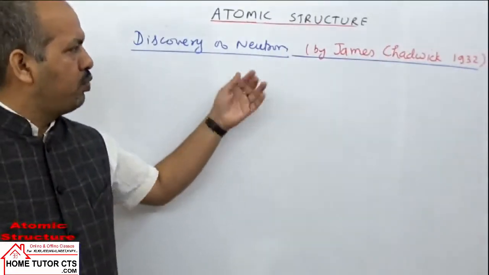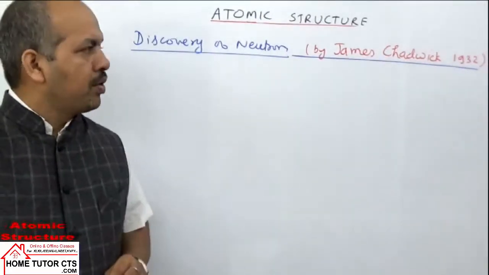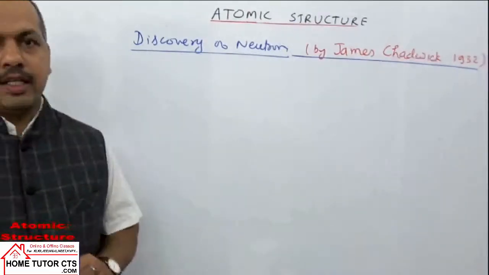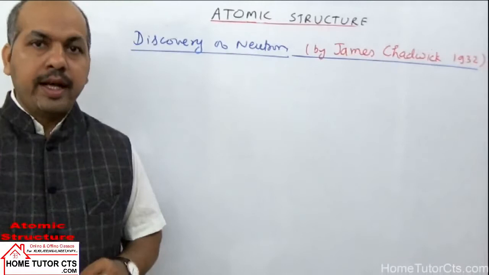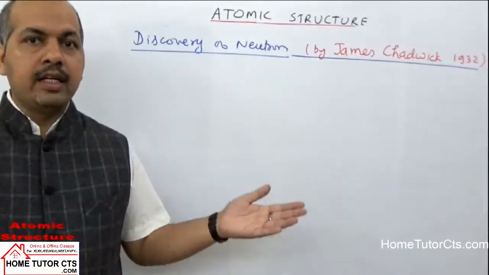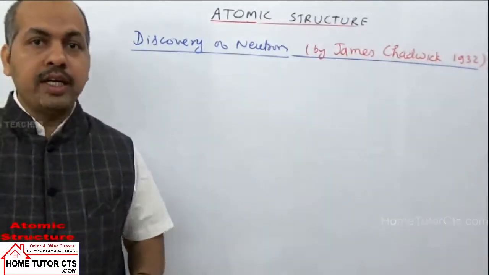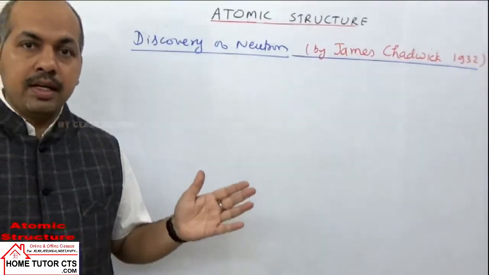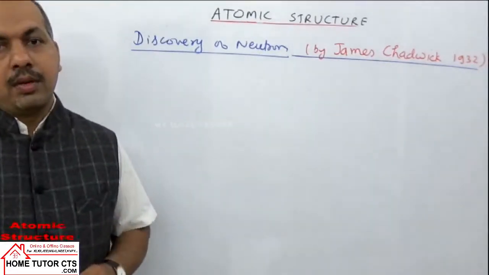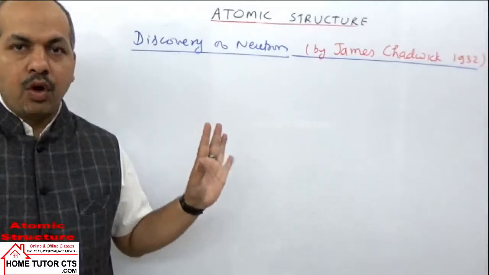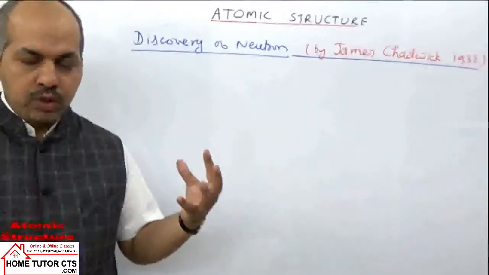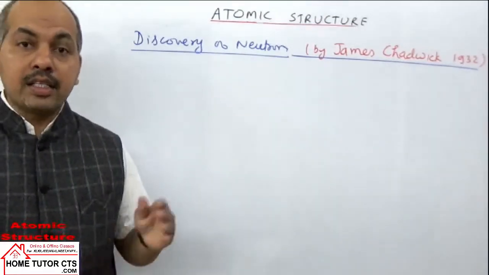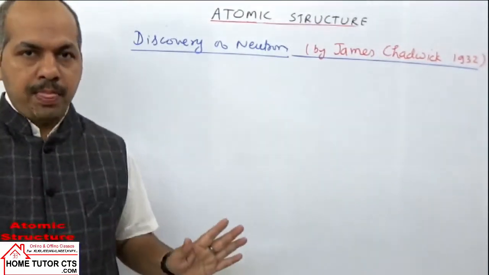And why was this required? Because the mass of the electron is very, very small compared to the mass of the proton, so we can assume that the mass of the atom is mainly because of the nucleus, or due to protons. In that case the total mass of protons comes out quite less than the total mass of the atom.